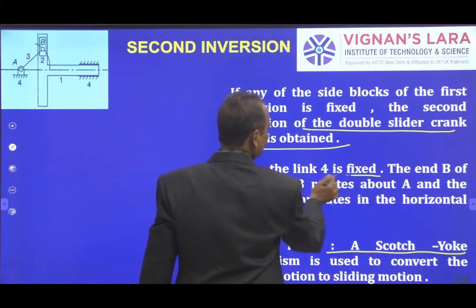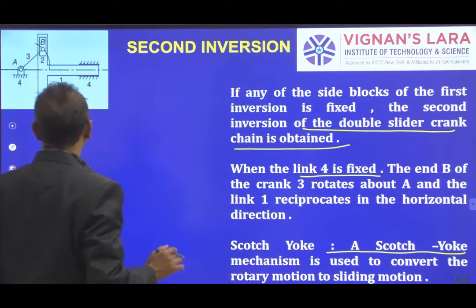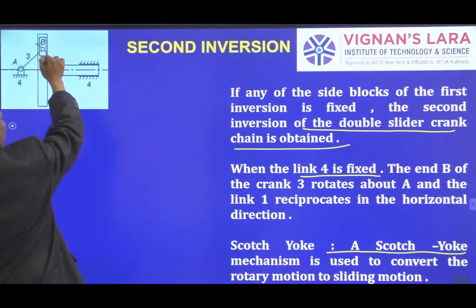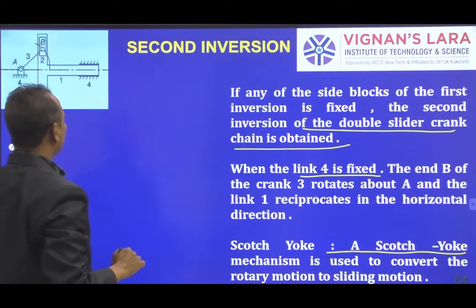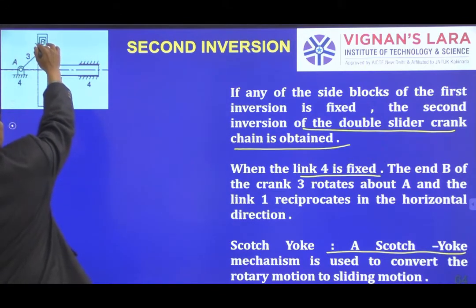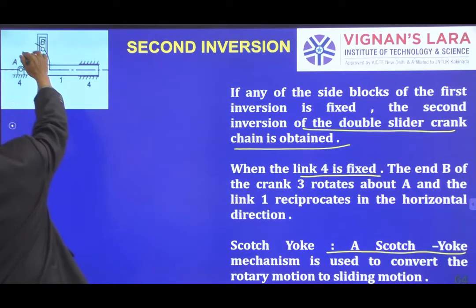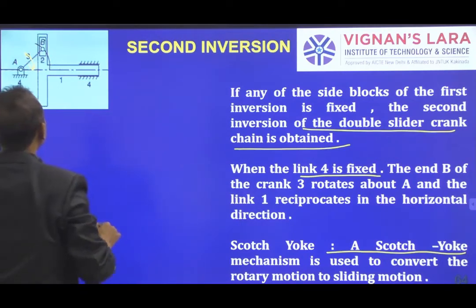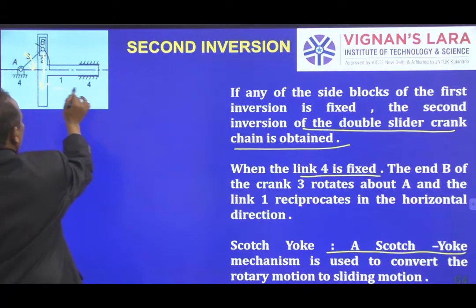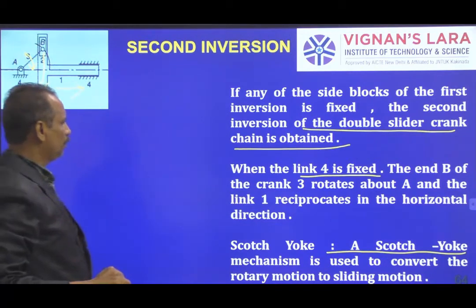The link 4 is fixed. Then the end B of the crank rotates about A and the link 1 reciprocates. So this rotates, and then it reciprocates and causes sliding motion.